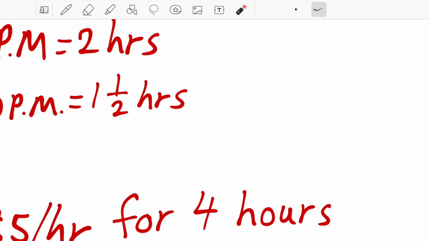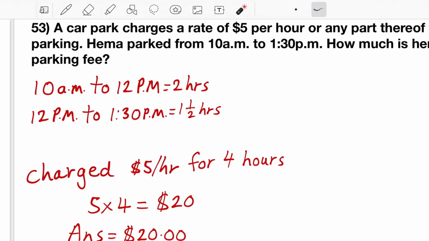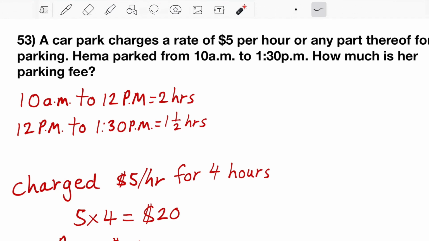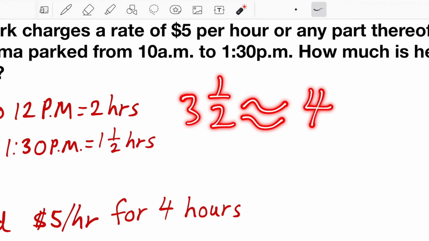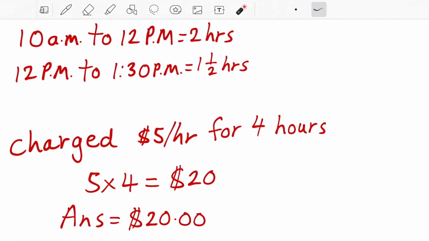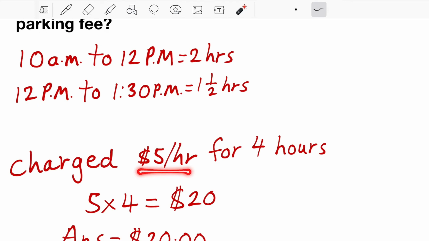But we have to count this half hour as 1 hour because it's going to be paid for 1 hour. So we basically approximate the time up. So 3.5 is approximately equal to 4 hours. So 4 hours at $5 per hour means 5 times 4 is $20.